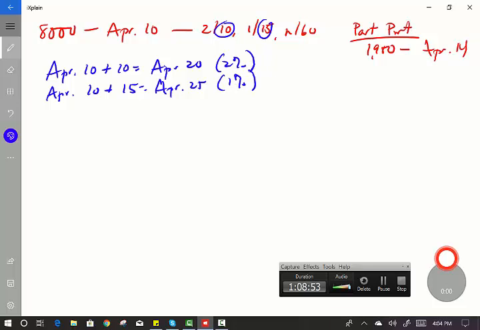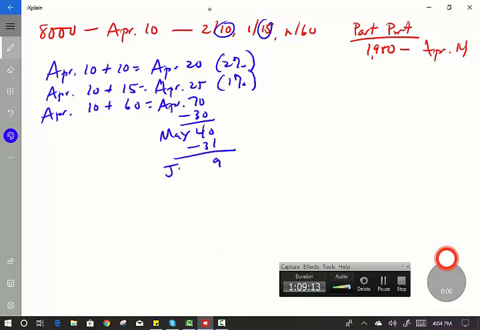And then the net is due in 60, so April 10th plus 60 days equals April the 70th. Excuse me. Subtract out 30 days. That gives us 40 days in May. Minus 31 days in May gives us 9 days in June. So June the 9th is the final date that we can pay without any type of discount.